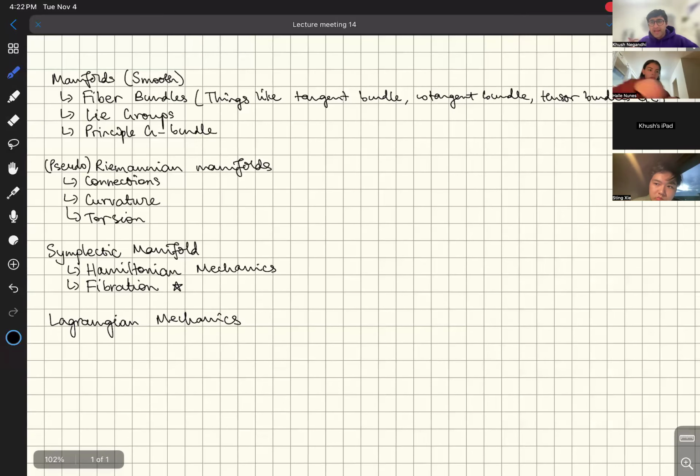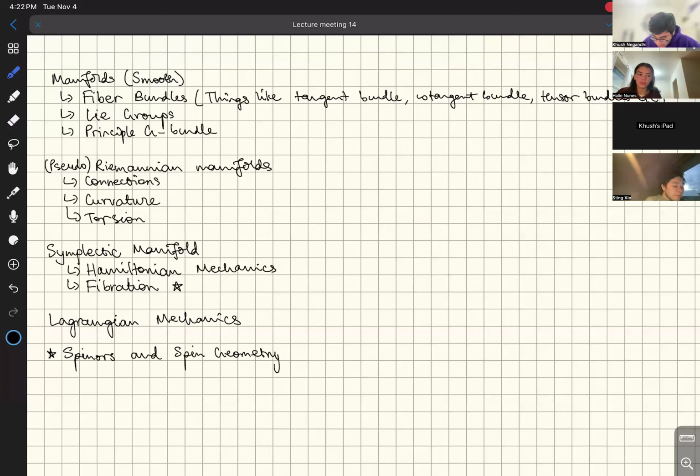Some things that I may cover if we get the time is the notion of spin, and spinors and spin geometry. Spinors naturally arise in quantum mechanics through stuff like the Dirac equation.